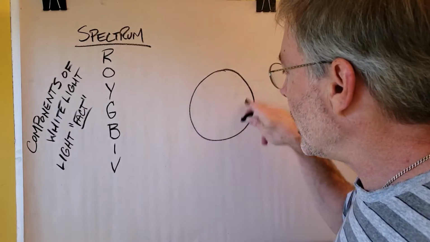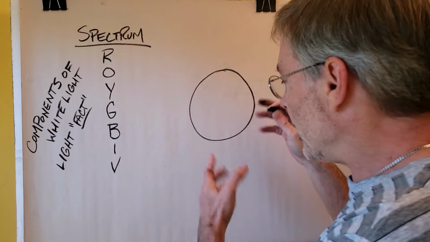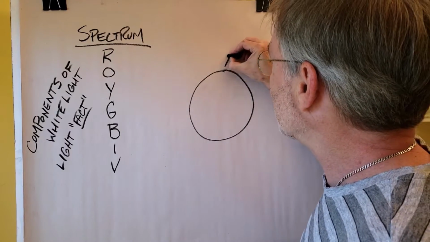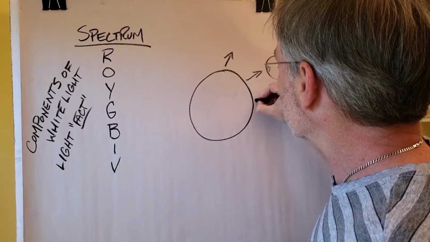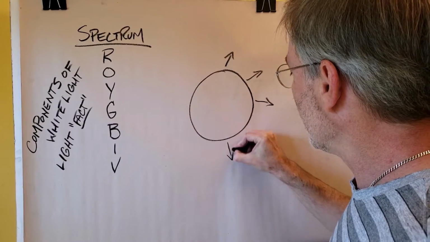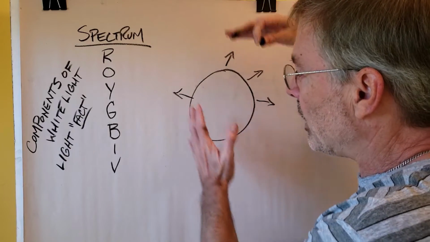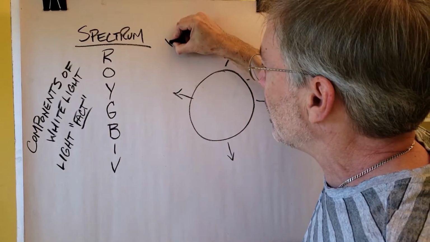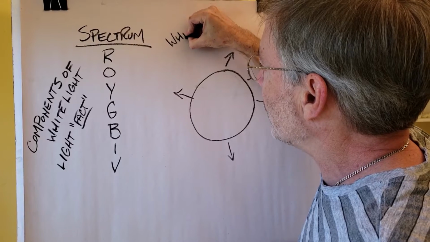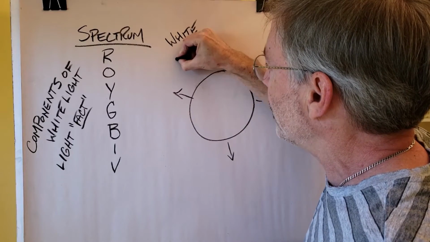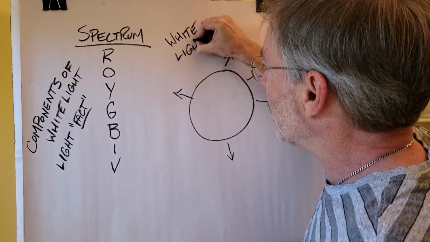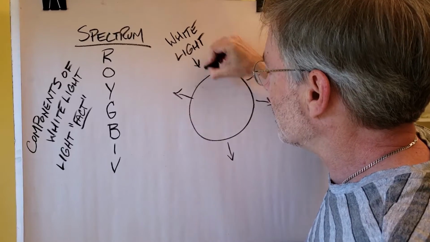Now, that red iron oxide pigment is reflecting back to our eyes a certain color when it is hit by white light. So white light comes down and hits this particular pigment.